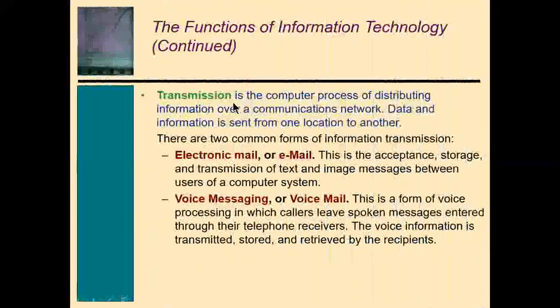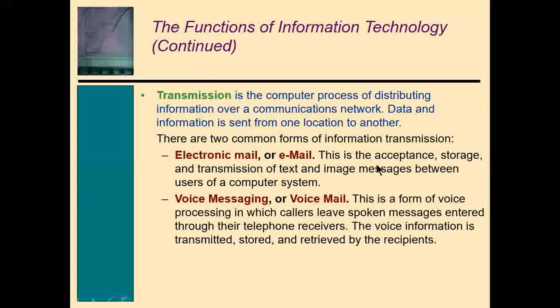So transmission is the computer process of distributing information over a communications network. Data and information is sent from one location to another. These are the two common forms of transmission that we can use. We can use email, and we can use voice messaging, or voicemail.